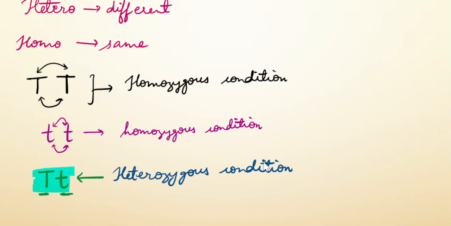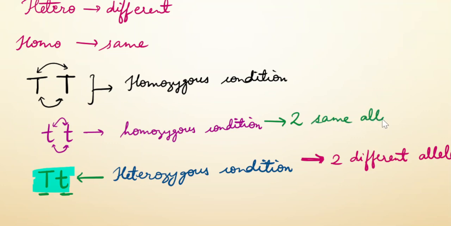So there are two different alleles present here, and on this side two same alleles are present.